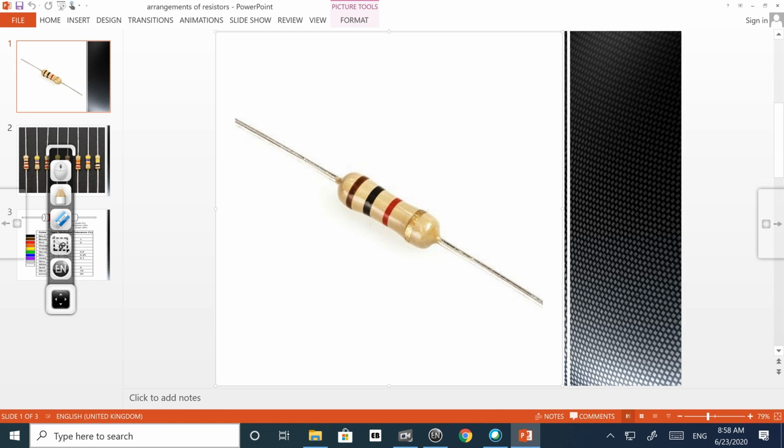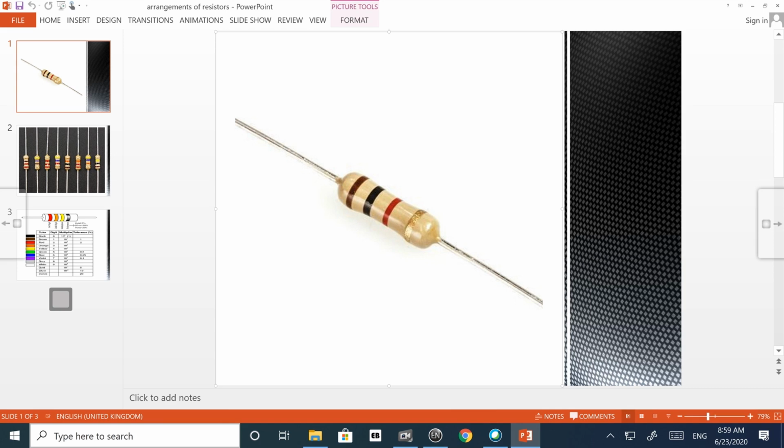What else can we see there? Yes, there are some color rings on the resistor. What is the use of these color codes? These color rings help us find the value of resistance of the resistor.